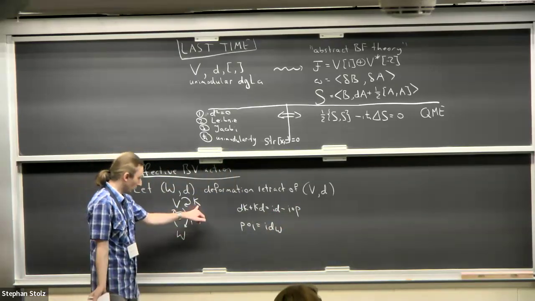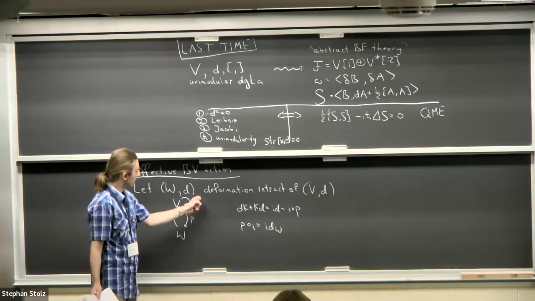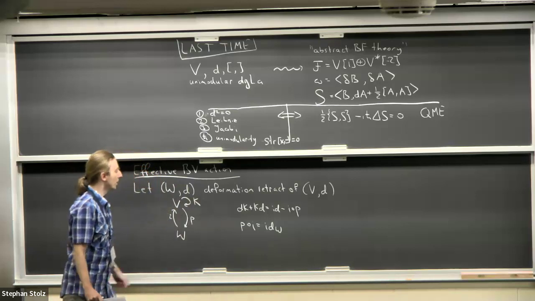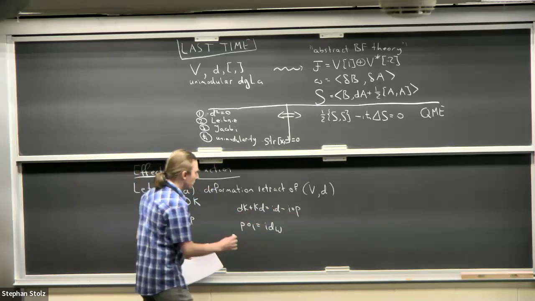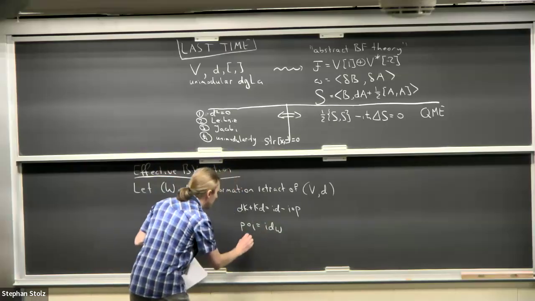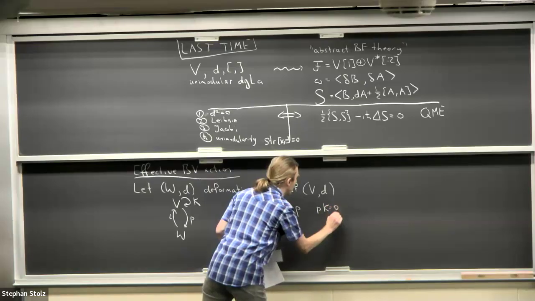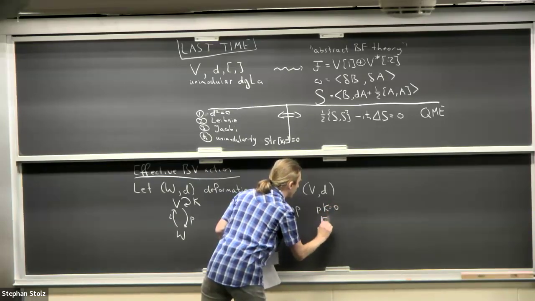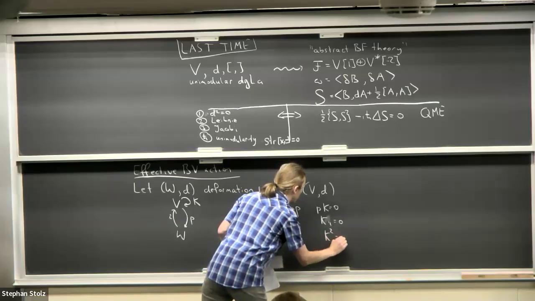K is not a chain map; it's a chain homotopy, so it's of degree -1. And I also want some side conditions: K followed by P is 0, K composed with I is 0, and K squared is 0.